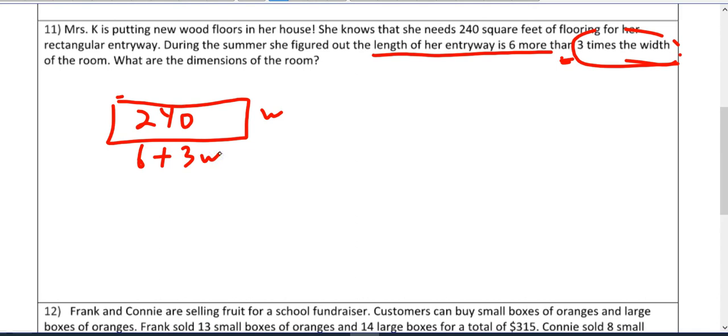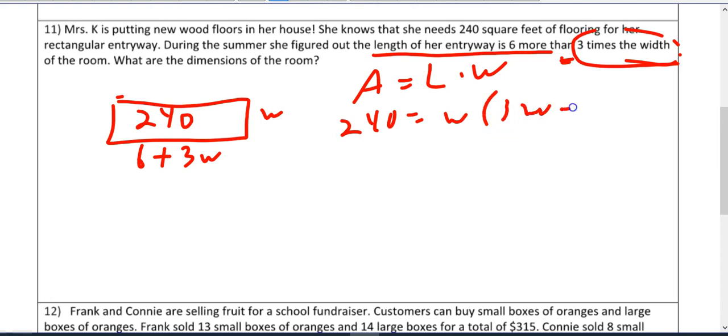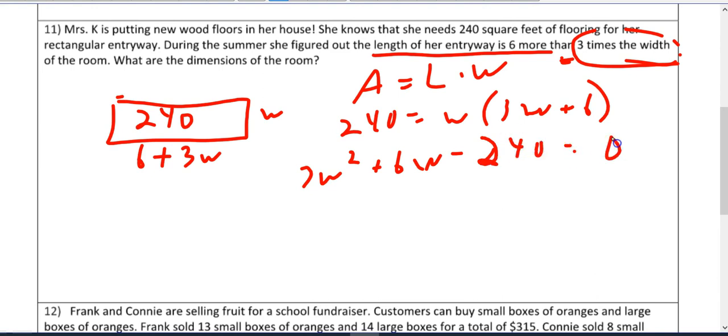So again, area equals length times width, so 240 equals W times 3W plus 6. So that's going to give me 3W squared plus 6W minus 240 equals 0.